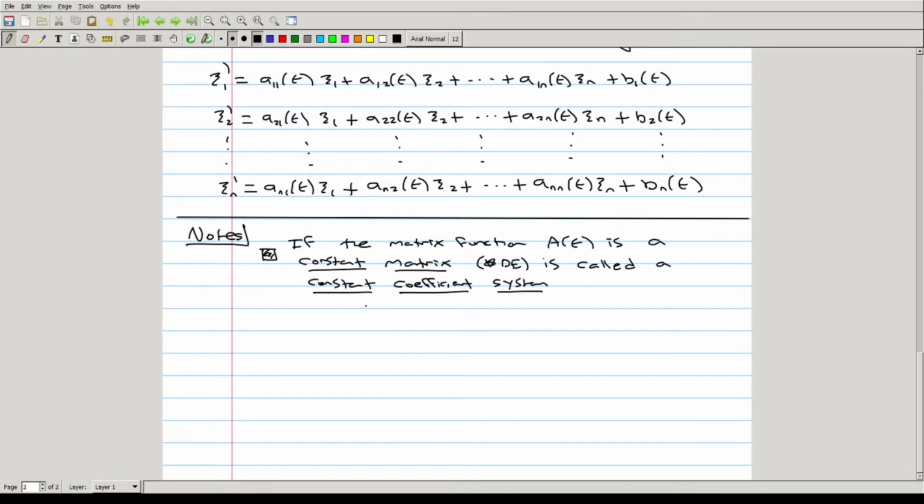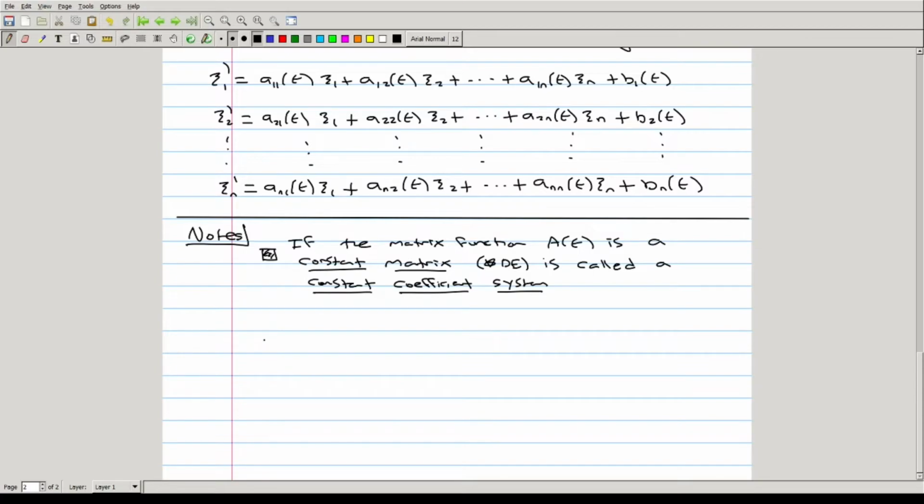And using the results of the lecture today, in the next lecture video, we'll go over how to deal with and solve for the exact solution of constant coefficient systems. But I want to present this general solution method today because it's more general. It applies to all first-order systems of ODEs.